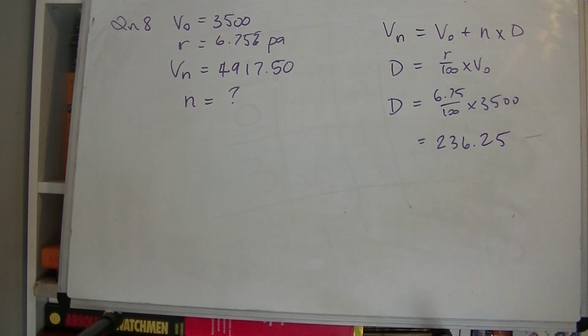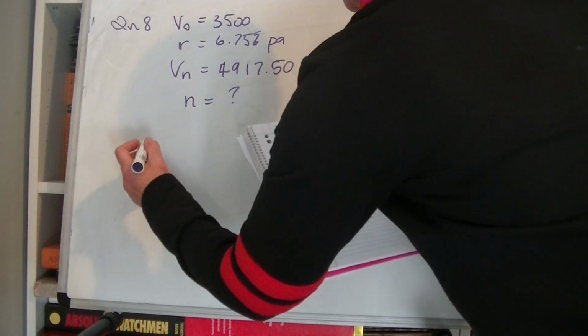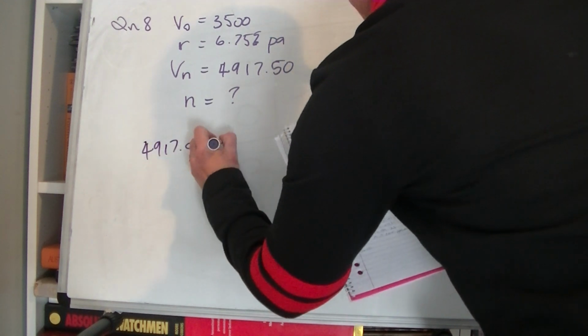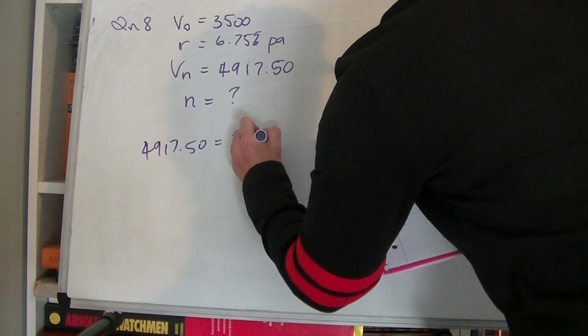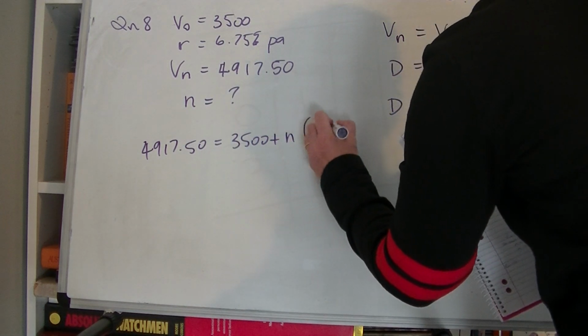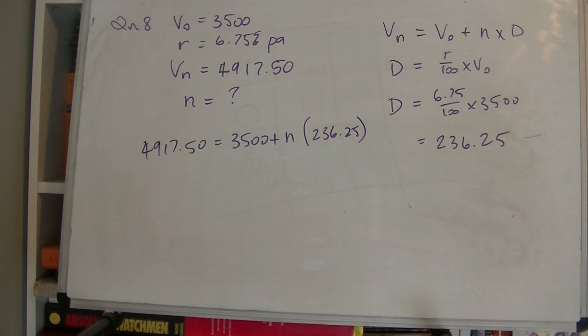Which is $236.25. This is what we can pop in CAS using solve.